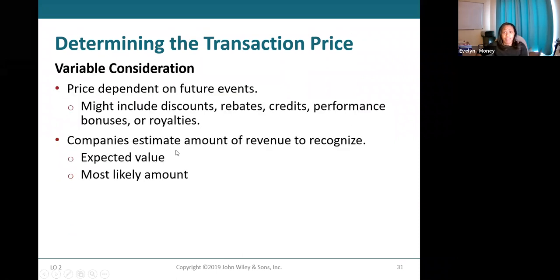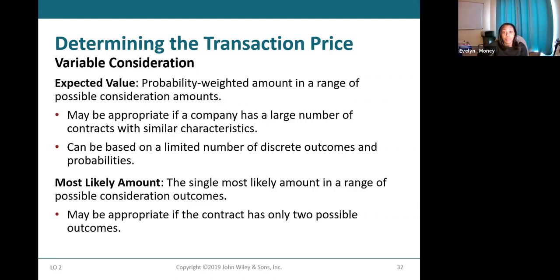All of those things have to come into play. So remember that we need to record our revenue at the amount that we expect to collect. So because of that, we can't include any discounts or rebates. We have to subtract all of those items out, even though they may happen in the future.